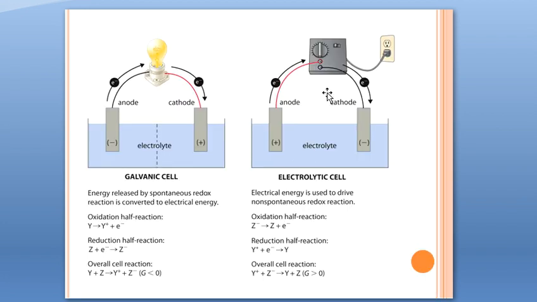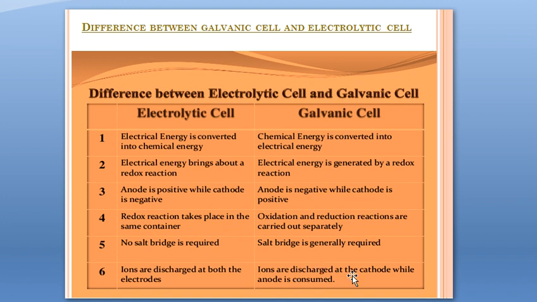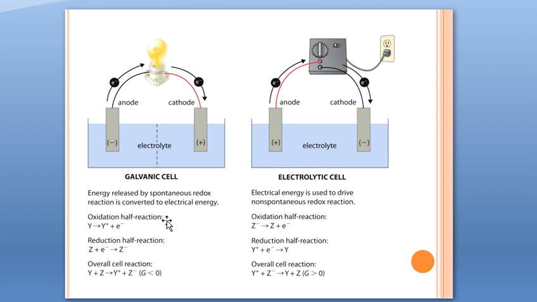As I said, जैसे electricity pass होती है, electrolyte dissociate होगा, anions will go to the anode and cations will go to the cathode. So ions are discharged at both the electrodes. But in galvanic cell, oxidation यहाँ हो रही है and deposition सिर्फ cathode पे होगा. Ions are discharged only at cathode, right? These are some important points. You should remember these and go through this diagram also. You'll be able to compare them.